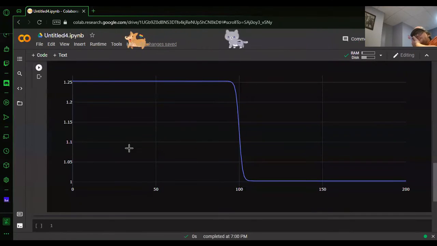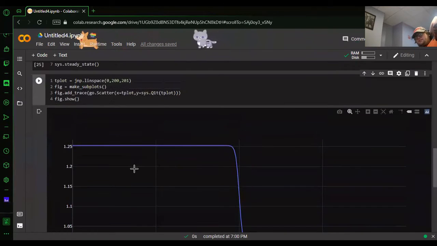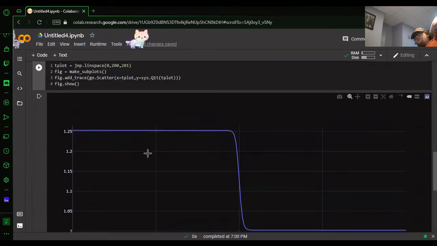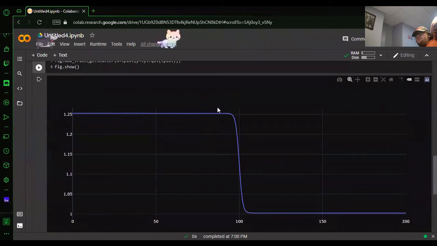Okay, thank God. So, as you can see, our initial steady state is around 1.25. It's a little bit more than that. But as you can see, there is very little decline before the switch. But as soon as the switch occurs, it almost instantaneously drops from 1.25 all the way down to just a little over 1.